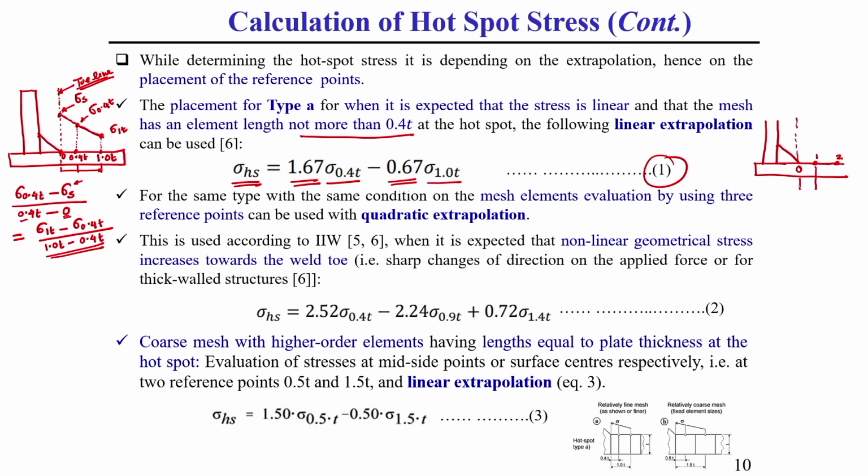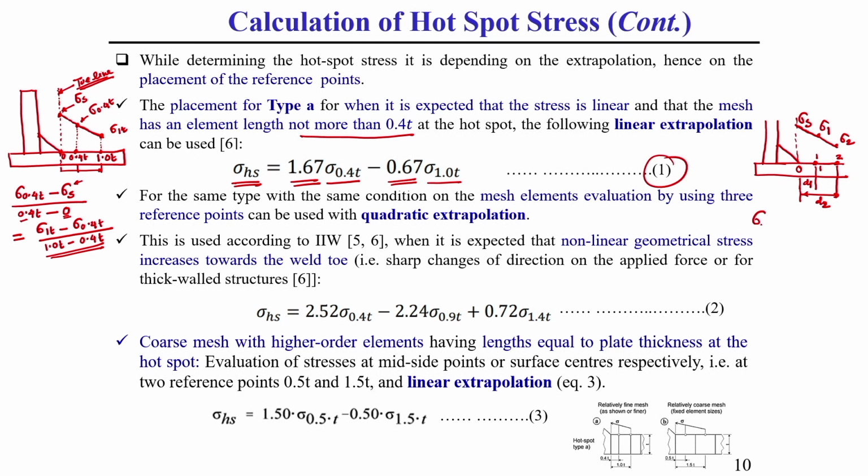From here to here let us consider the distance is d1, and for the other point the distance from the origin is d2. The stress is sigma 2 and this is sigma 1. After that we extrapolate these 2 points and we get sigma s. By this we can directly write the equation.